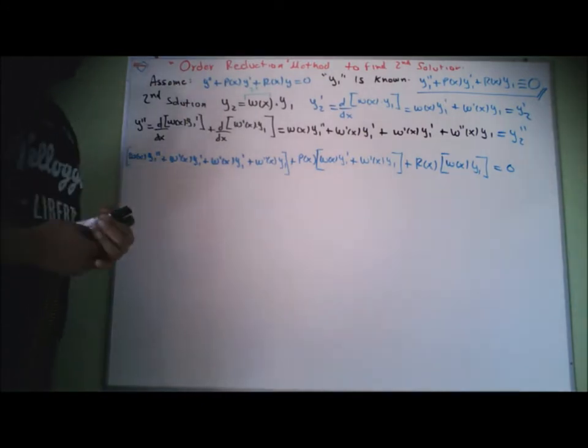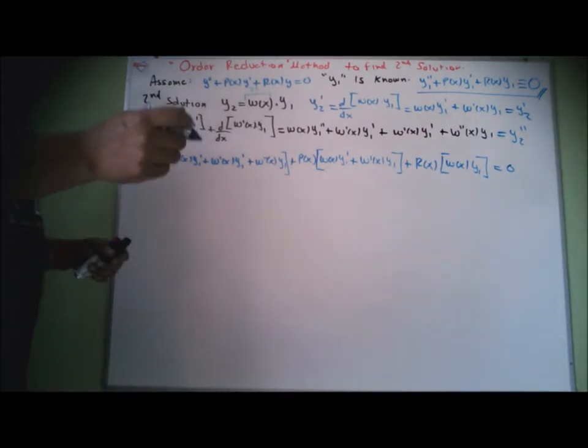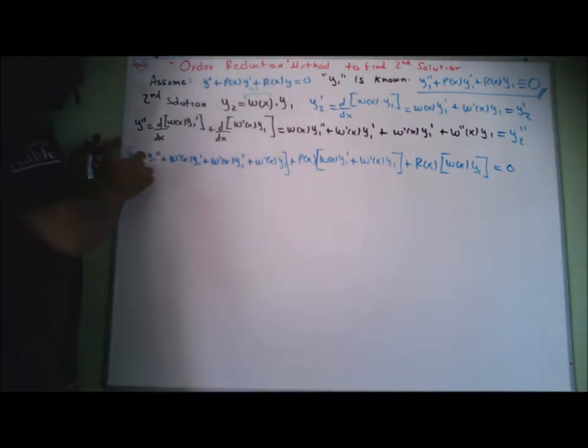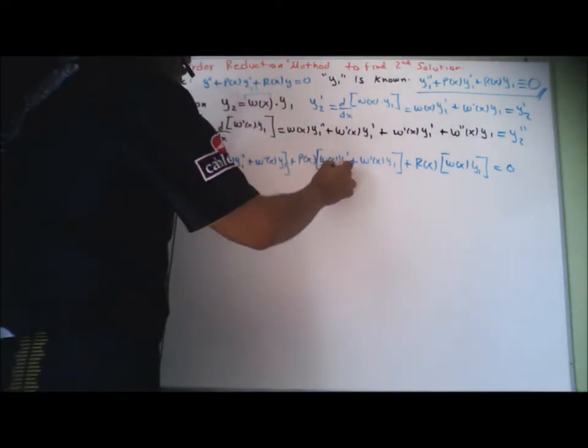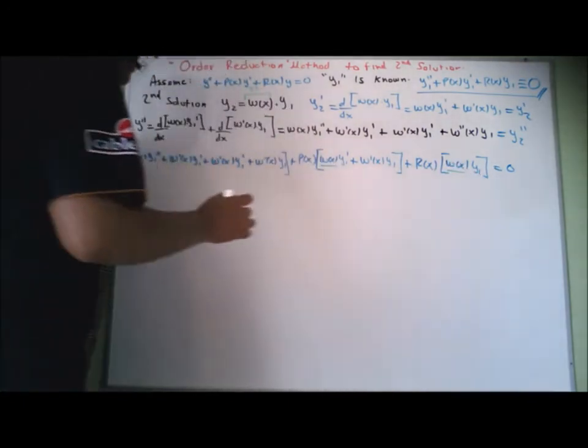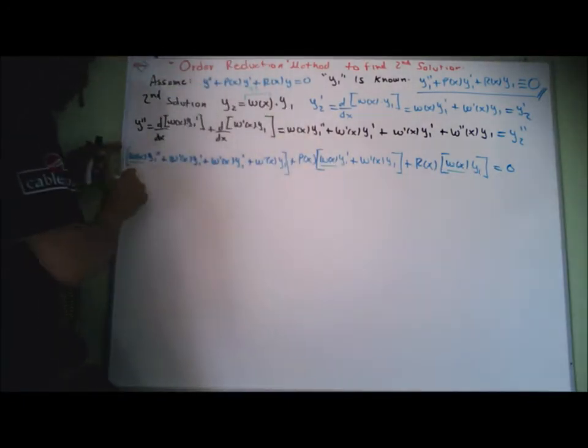Okay, now let's factorize what we can factorize. So let me see here. I see w of x here, I see w of x here, and I see w of x here. Let's do the factorization.